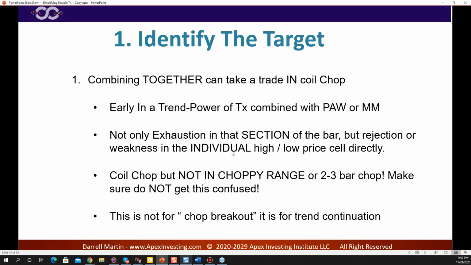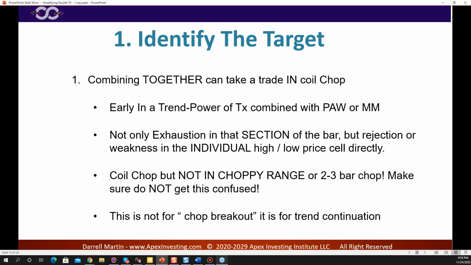There has to be a start of a trend, an initial push, that initial run up the mountain, then that little pullback and go. It cannot be in chop. It can't be in 2 to 3 bar chop. Do not get that confused. This trade is not a chop breakout trade.